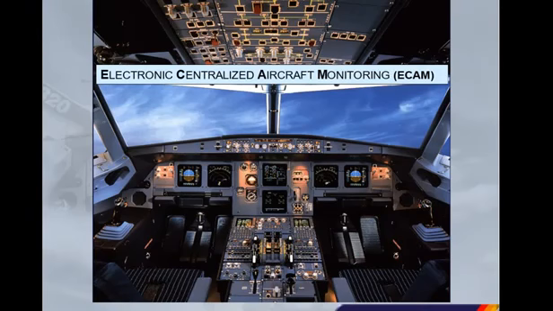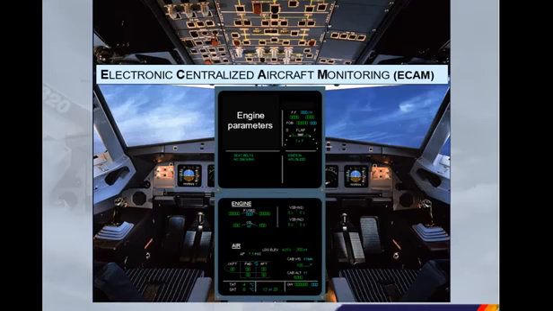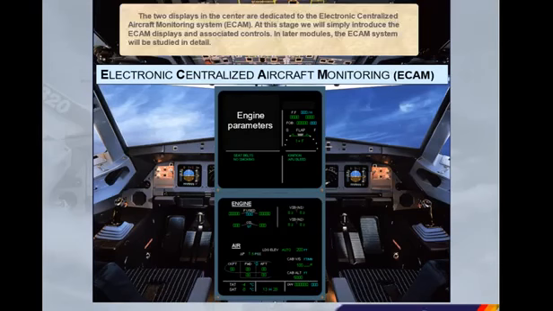The 2 displays in the center are dedicated to the Electronic Centralized Aircraft Monitoring System, ECAM. At this stage, we will simply introduce the ECAM displays and associated controls. In later modules, the ECAM system will be studied in detail.